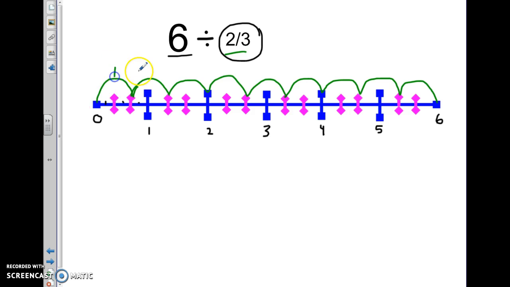So I've got 1, 2, 3, 4, 5, 6, 7, 8, and 9. So there are 9 groups of 2/3 in 6. So 6 divided by 2/3 equals 9.